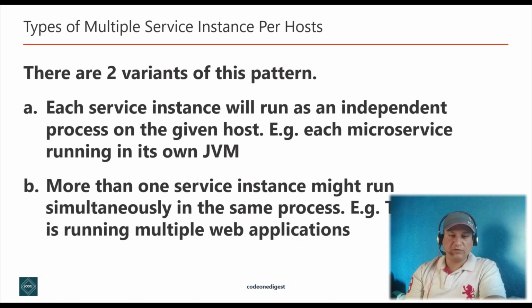Second, more than one service instance might run simultaneously in the same process, in the same JVM. An example is the Tomcat server. We can run multiple web applications in the same Tomcat server. So this is an example of multiple service instances running as part of a single process, a single JVM. So we can choose which one is more effective for us. It depends on your use case.